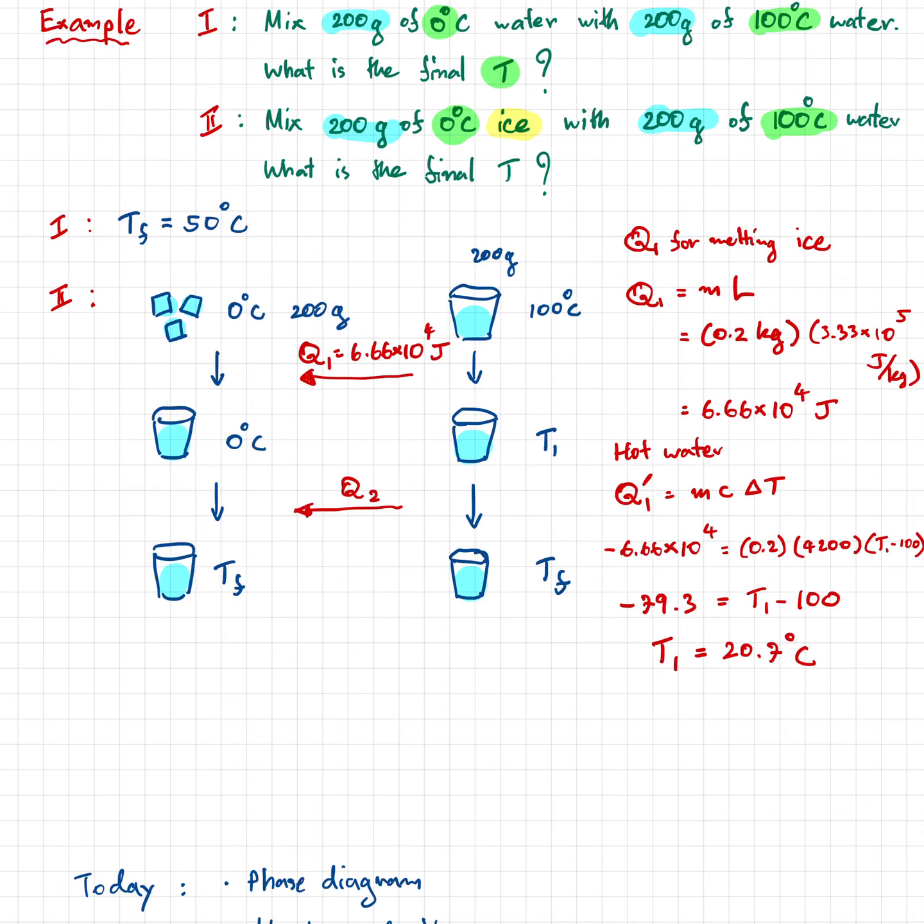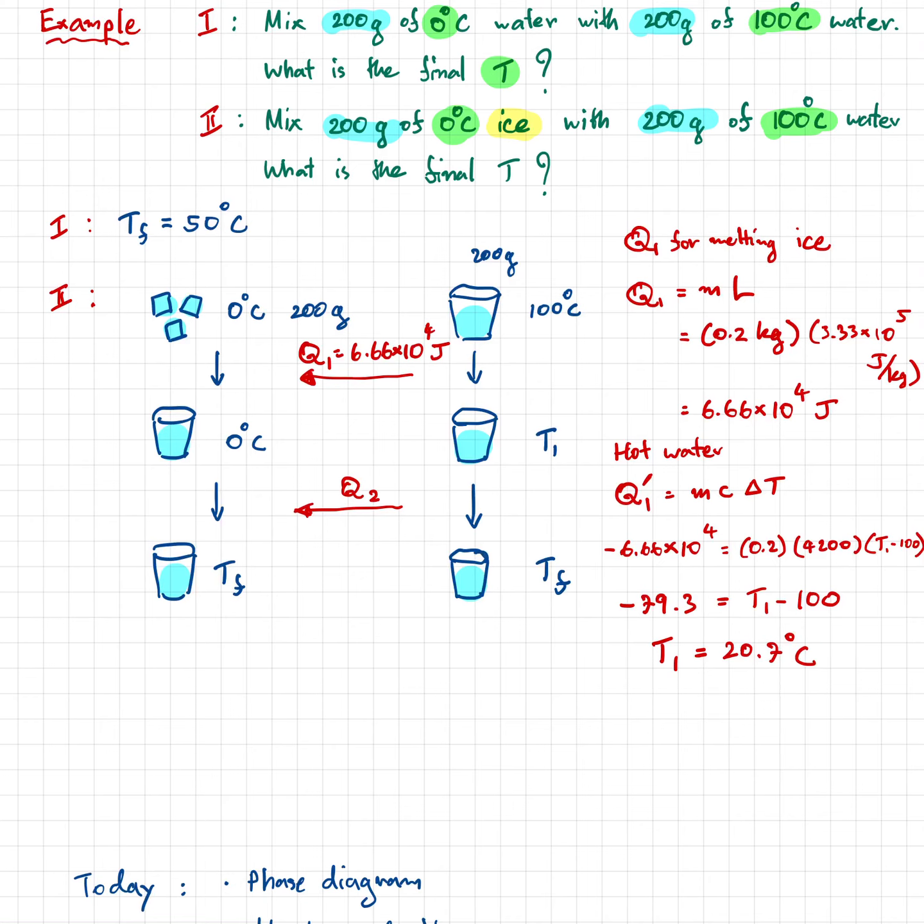The thing that we are afraid of is that T1, by solving this equation, is going to be less than 0. If that's the case, then we know that even if all the hot water loses all the energy to reach 0 degrees Celsius, it's not enough to melt all the ice. That can happen.